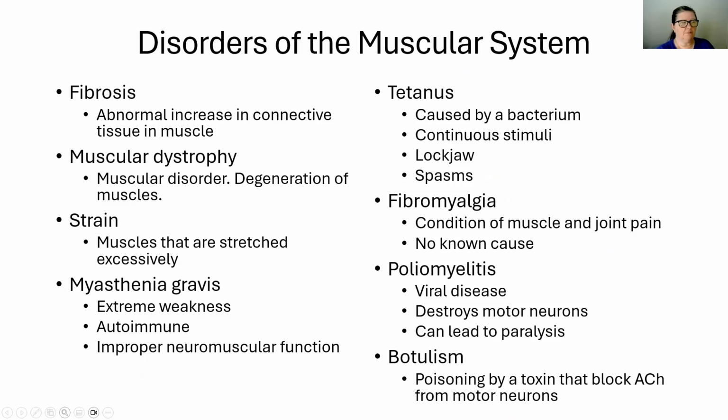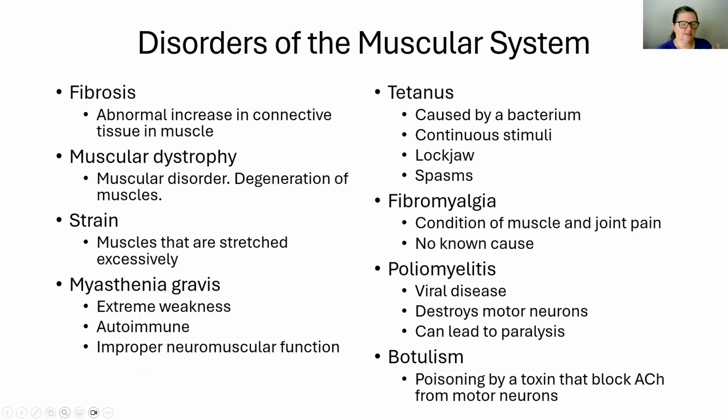Tetanus is caused by bacteria. We think of tetanus and rusty nails always come to mind first. But it is the bacteria that comes off the rusty nail if you step on it that can cause tetanus. What it does is basically cause continuous stimuli to the muscles.